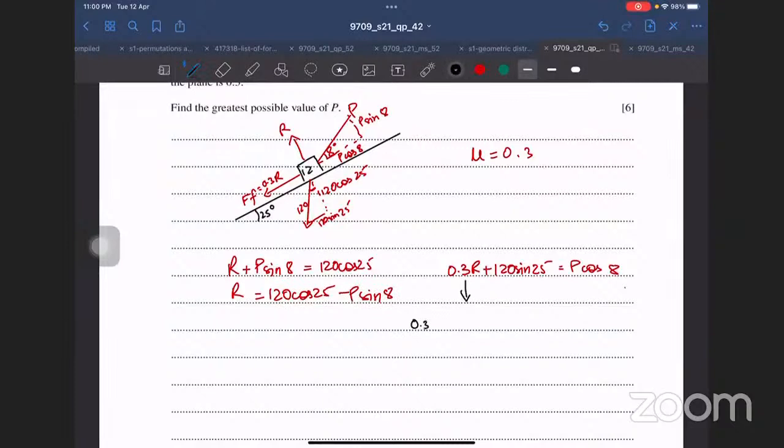Substituting here, that gives me 0.3 times 120 cos 25, which is 32.627.